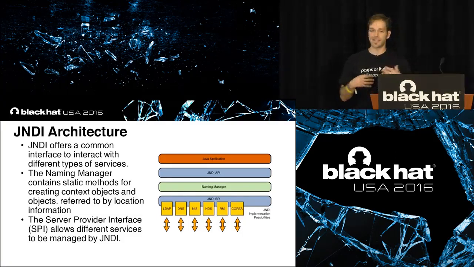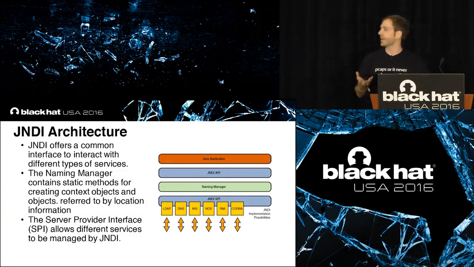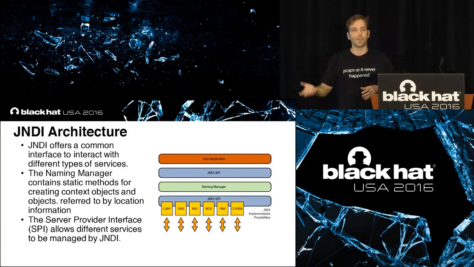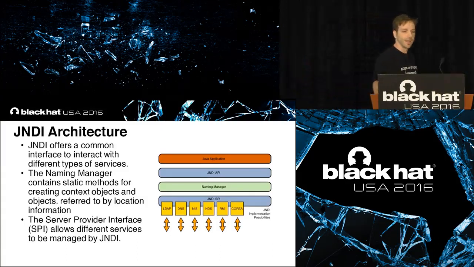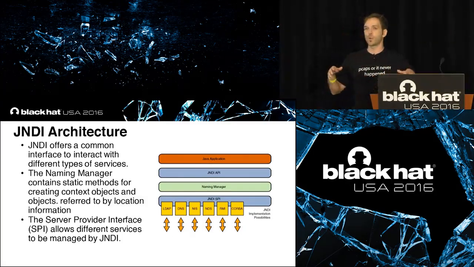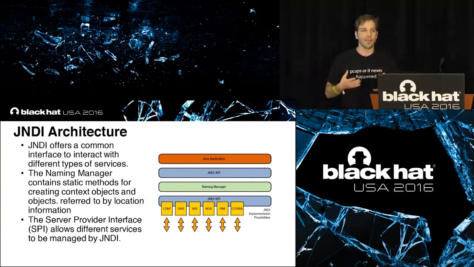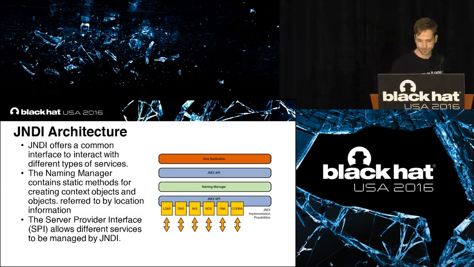And then we have the JNDI SPI, the service provider interface. Here is where developers can plug in different providers, for example, an LDAP plugin, DNS, RMI, or CORBA. So basically, JNDI gives access to all these naming and directory services through the same common interface, right?